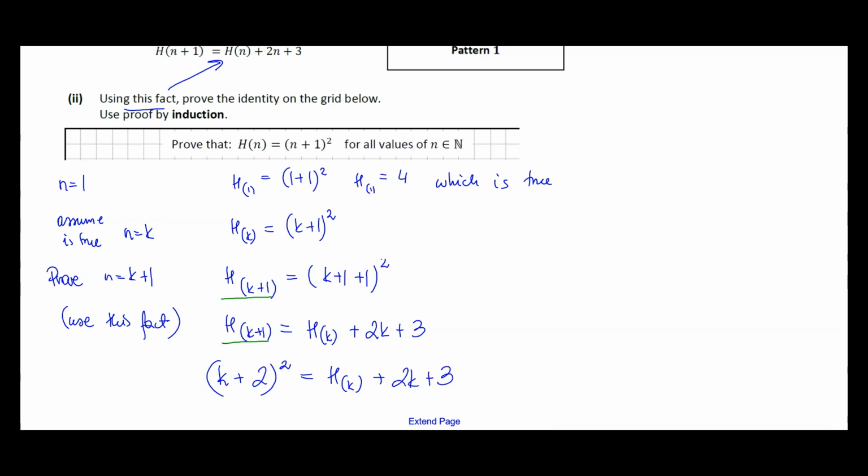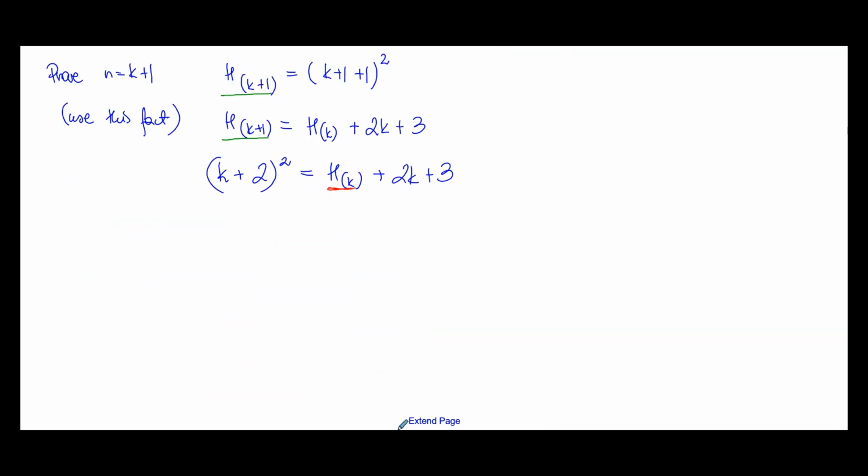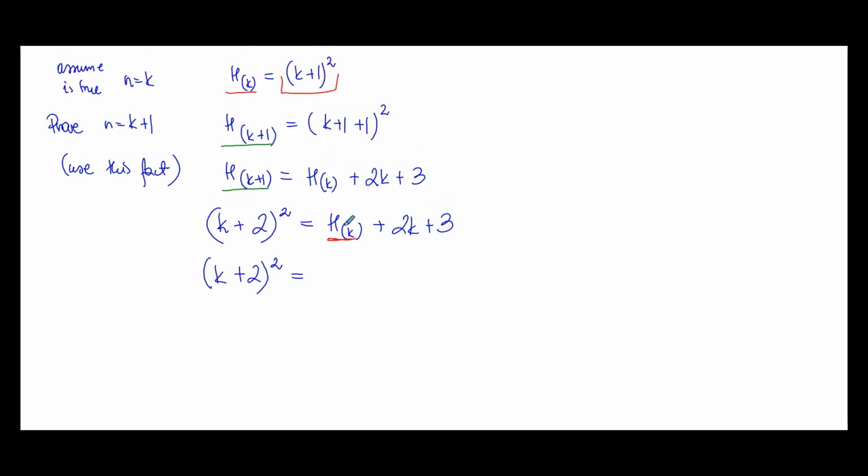Now we are using our assumption. The assumption is that that is h of k. So instead of h of k, we are using this fact: k plus 1 to the power of 2, plus 2k plus 3.